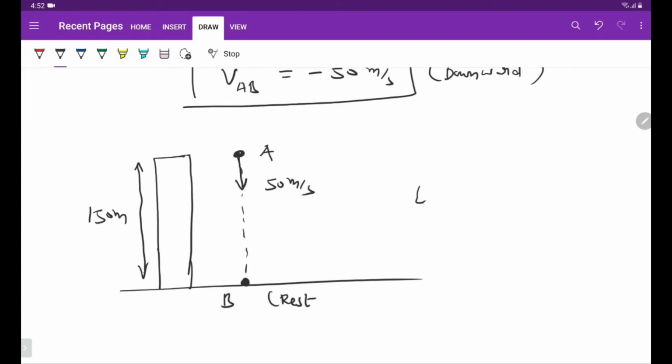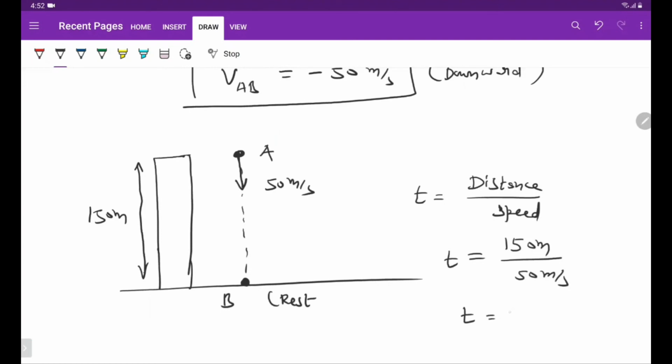So time is equal to, we know, distance by speed. Here the distance it has to travel is 150 meters, by the speed of 50 meters per second. So finally we get t is equal to 3 seconds.